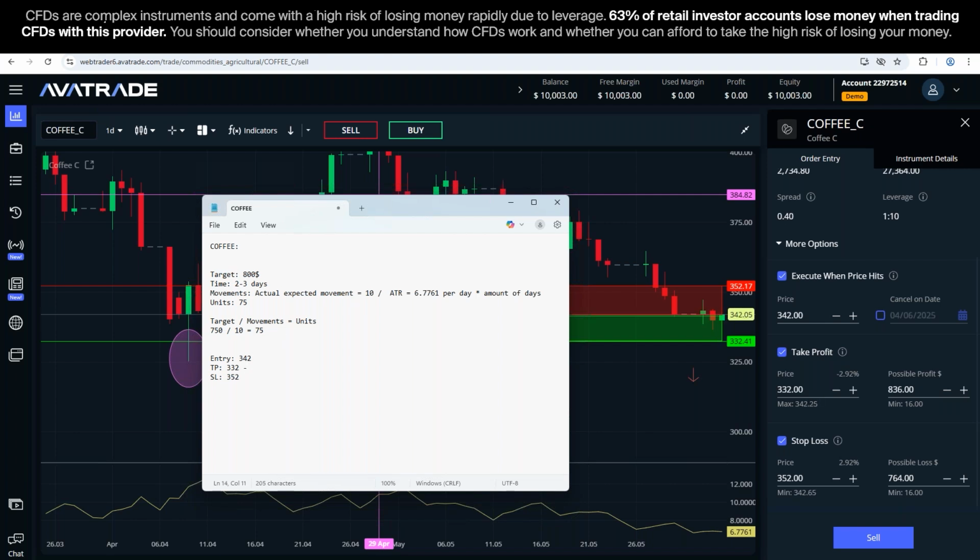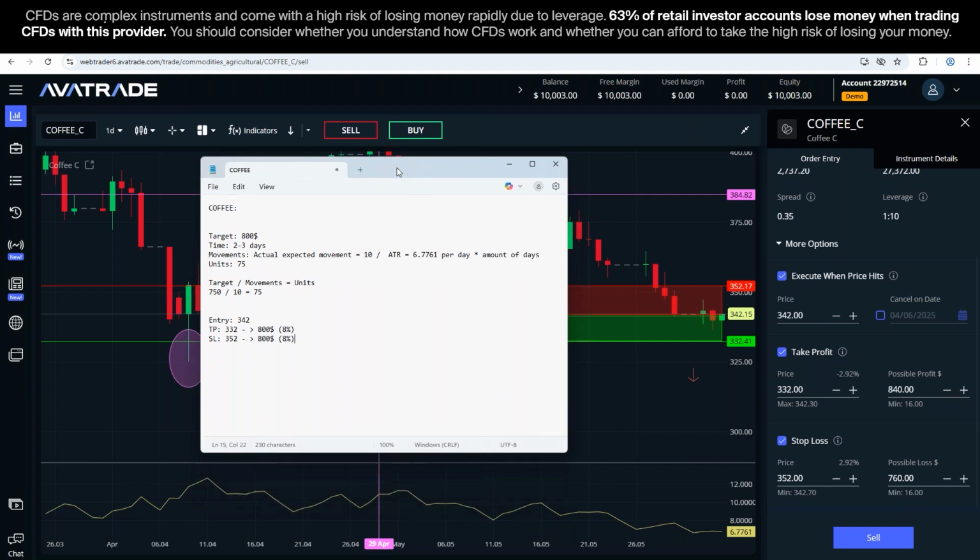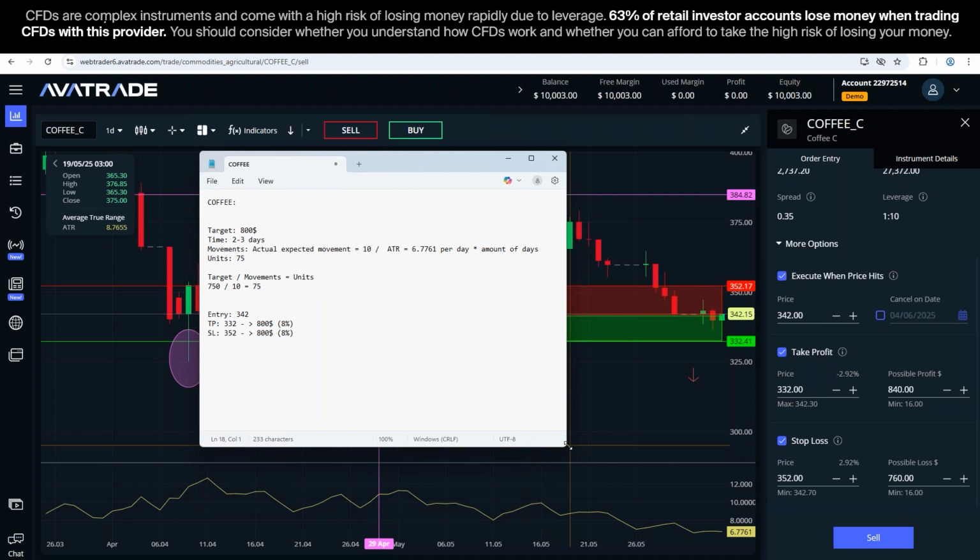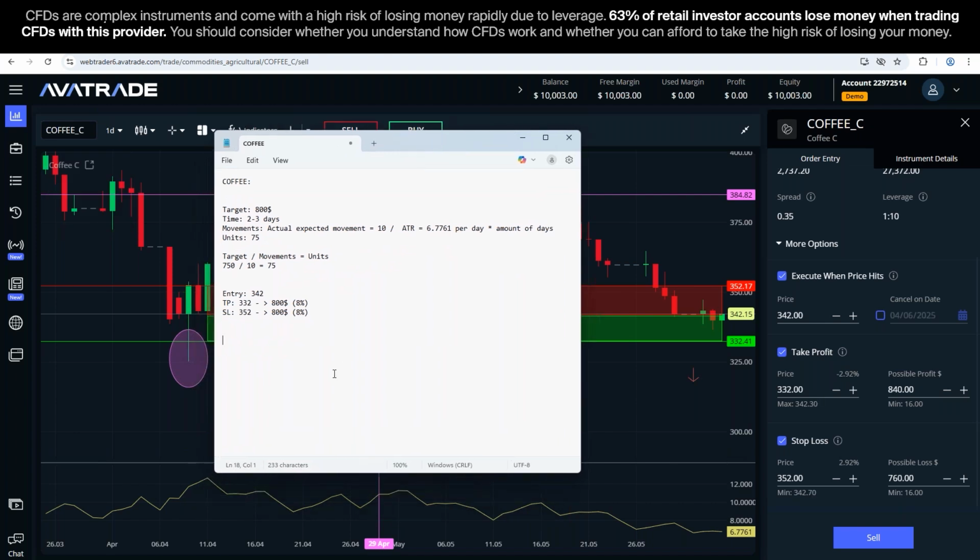This can result in 800. The same applies here, but we don't really want to work with this ratio, because if we do this with several positions, let's say 5 positions, this 800 will become 4,000, 40%. So I'm not too happy about it.